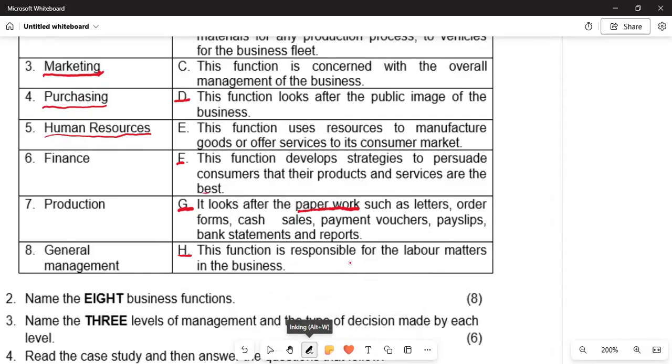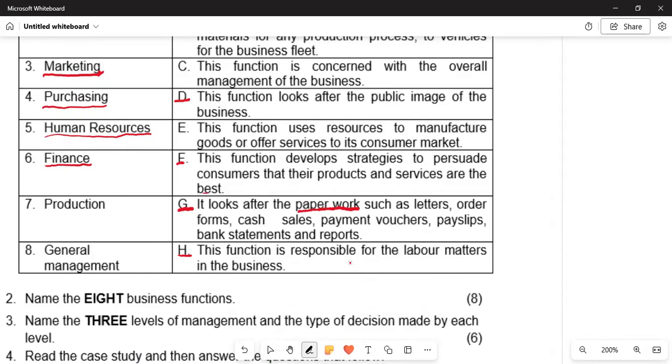Now we come to finance, which is the finance department, the finance function. If you still remember when we were talking about the finance department, managing of cash flow as well as financial transactions. Now let's see the correct answer under the finance department.